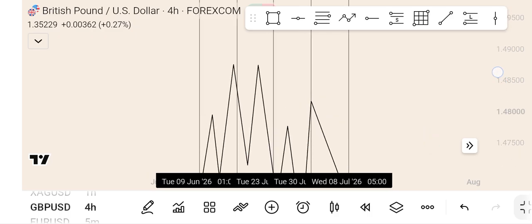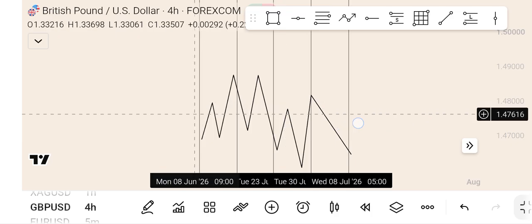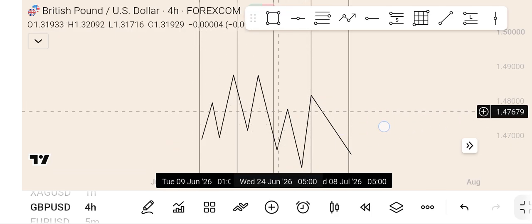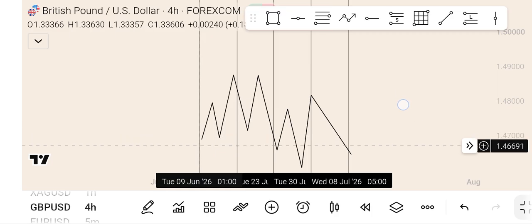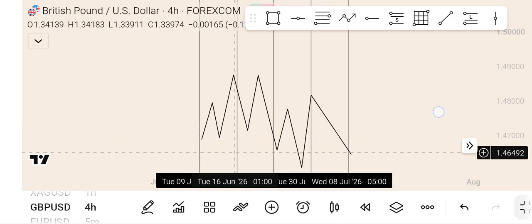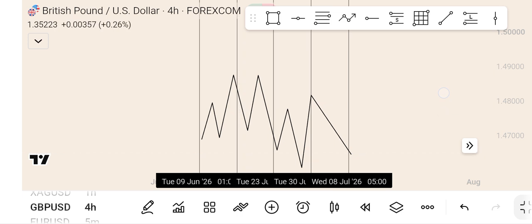A quarter is like a specific time in price where price behaves in a specific way. If this is a full yearly chart, the first quarter is going to be January to March.